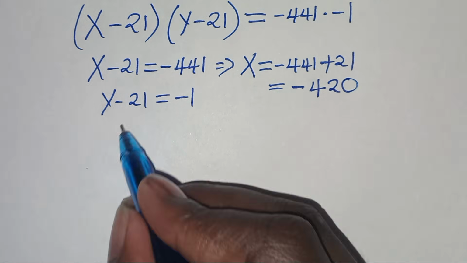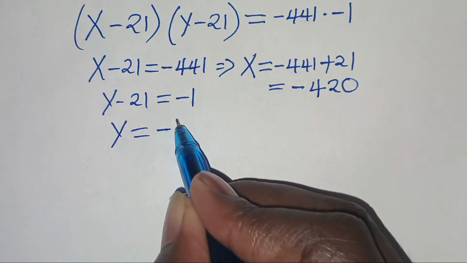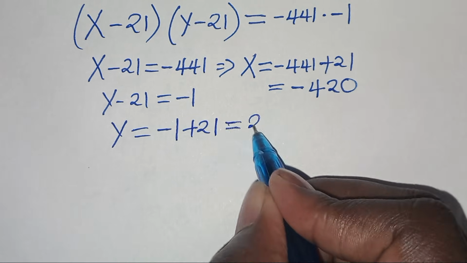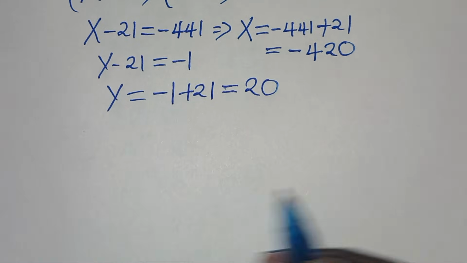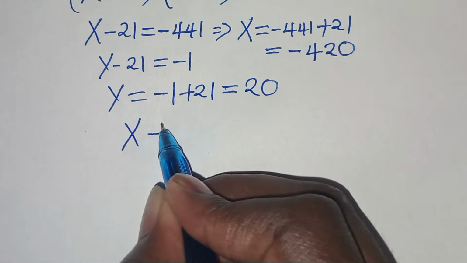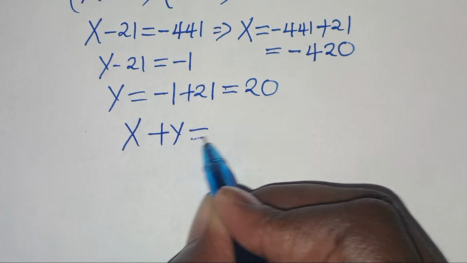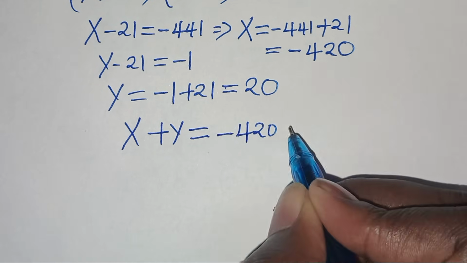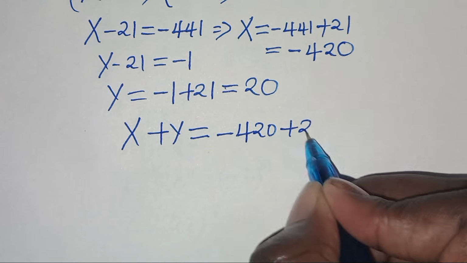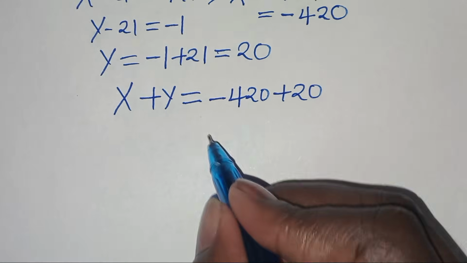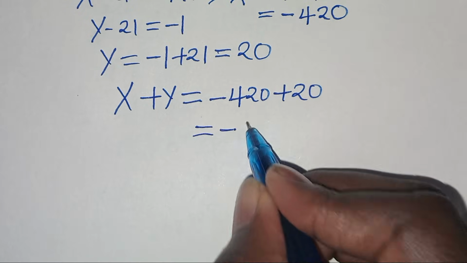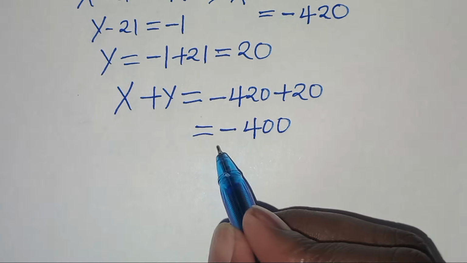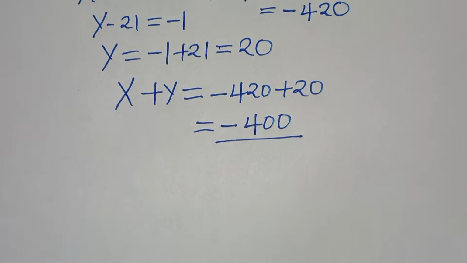Now y will be equal to minus 1 plus 21, which is 20. So x plus y is minus 420 plus 20, which is equal to minus 400. This is the fourth solution that we have.